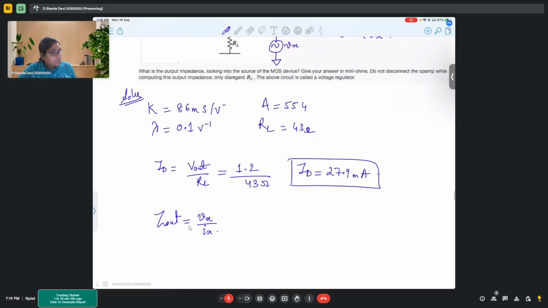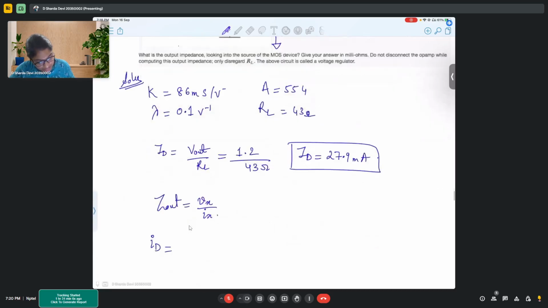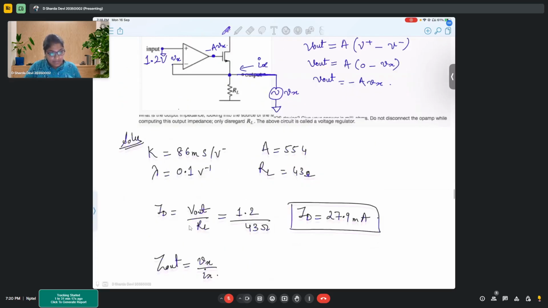Now here we know that small id in a transistor is gm into small vgs plus gd into small vds. Correct?